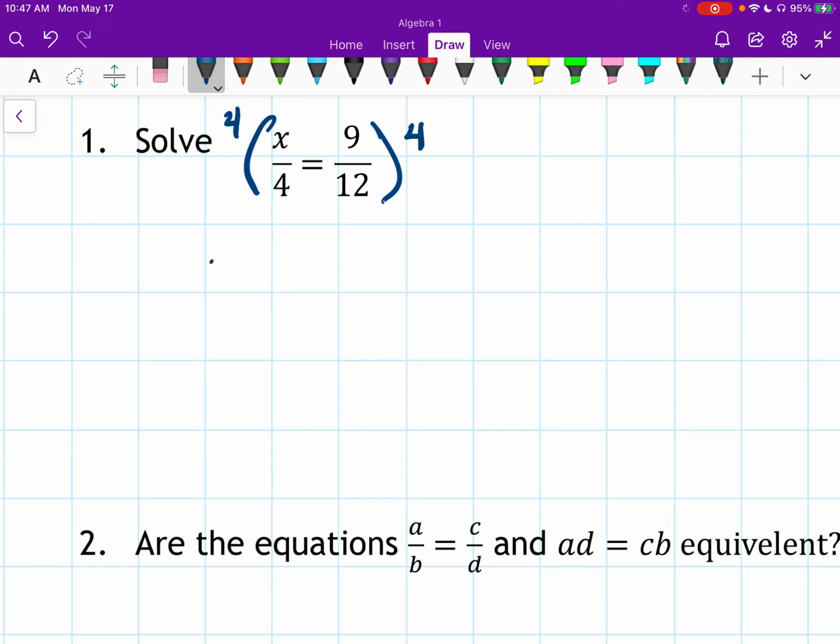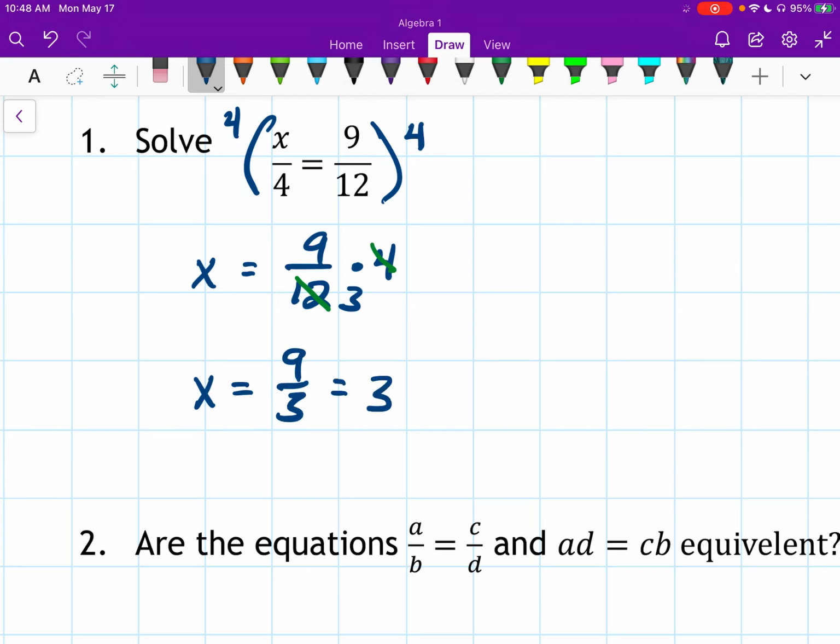So x equals 9 over 12 times 4. My 4 and my 12 can cancel to be a 3. So now I have x equals 9 over 3, and 9 over 3 cancels to be just a plain old 3. So our answer is 3.